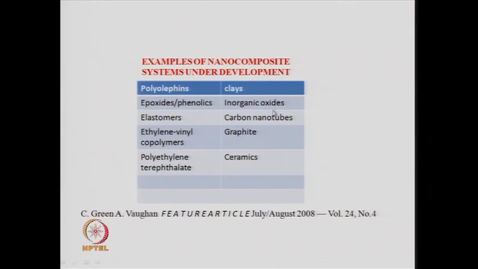Now, some of the examples of nano composite systems which people have been working on in the recent past are where the ceramic clay has been used, like many inorganic oxides, that is the ceramic, and the polymers are like polyolefins, which are epoxides or phenolics.